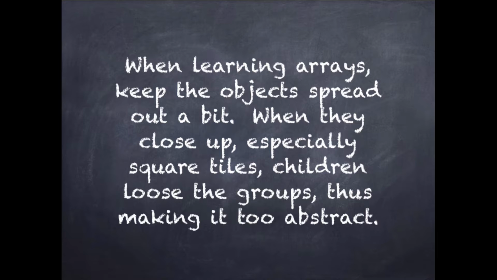Then either slowly or over time have those groups push closer and closer together, or if you're using squares, have them touching, but keep asking them, okay, where is the 6 and where is the 4 in this, just to make sure that they can still see where it is. Because if you just have them build it like one giant rectangle, they won't find the groups.